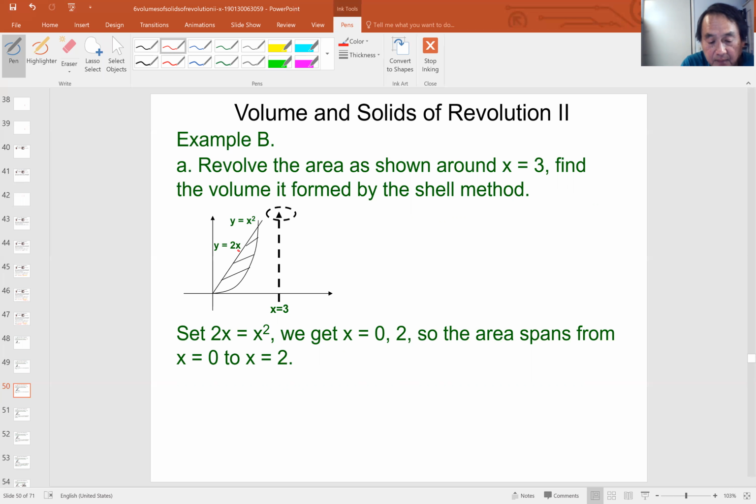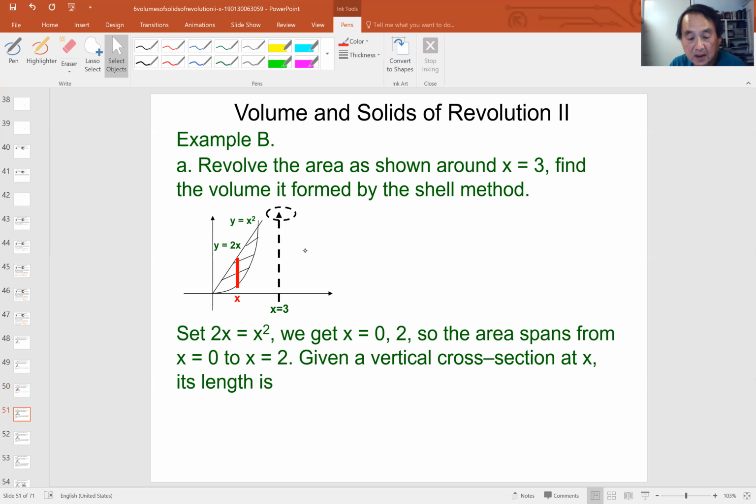We have to track a line that's parallel to the spinning axis. So you track a line like this, and as it spins, this is going to be the radius, and this is going to be the height of the cylinder. That's basically the formula you have to extract. You have to ask, what is the radius? And the height is the top minus the bottom.